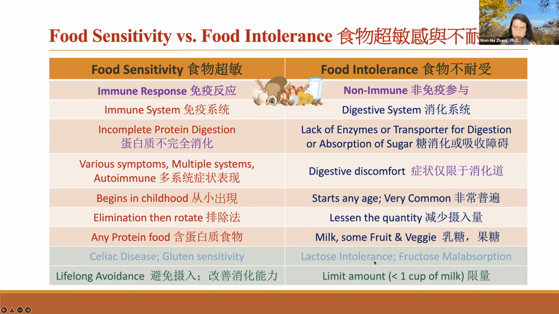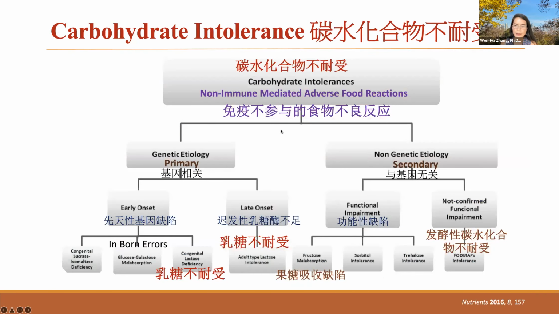So lactose intolerance is very common in Asian countries. It could be due to genetic errors. This is a variation that will not be able to produce enough lactase to digest lactose in milk. And it could also be due to some late onset.